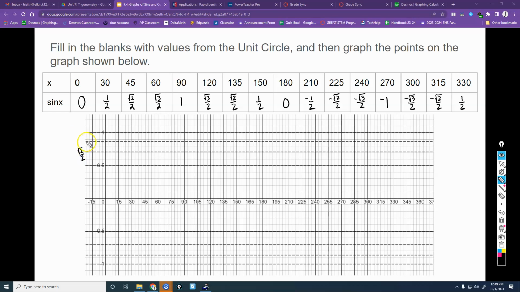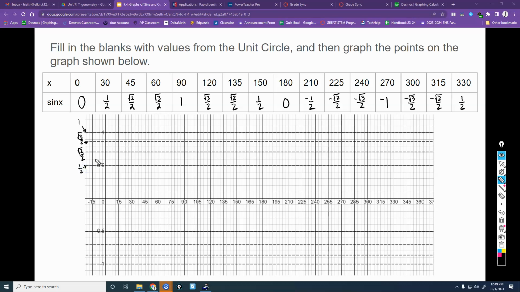What do you guys think the next one is? That next dotted line. Square root of 3 over 2. Right there. And then I put a dotted line at 1. Right there. So these are our unit circle values.